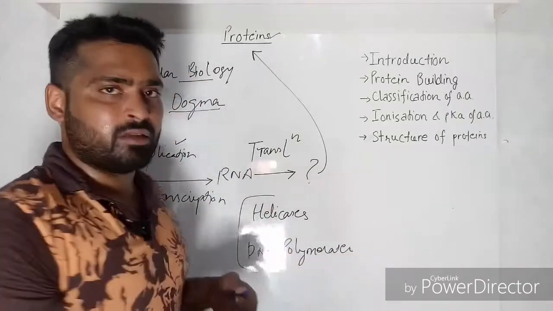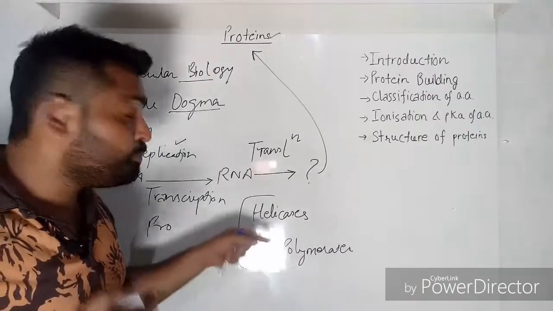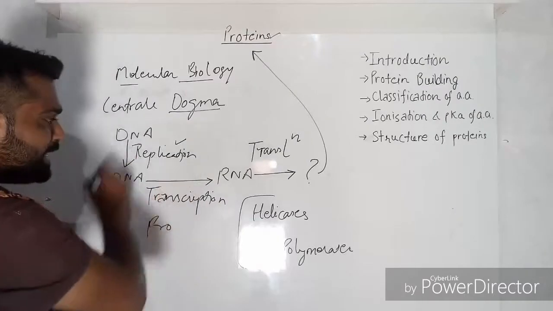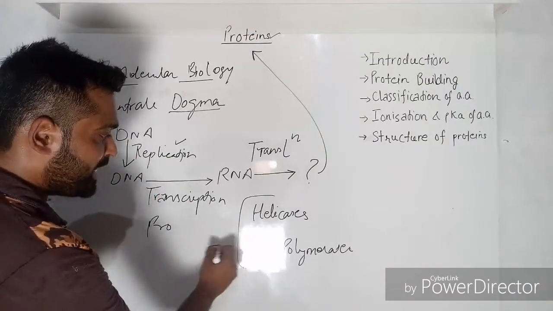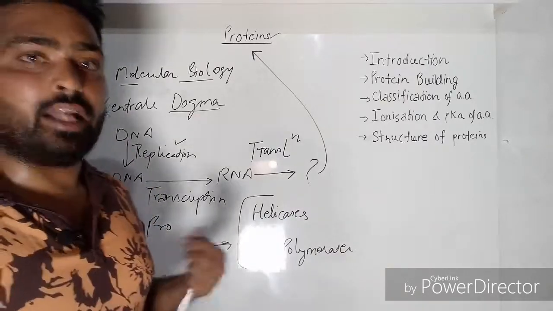These enzymes and many more enzymes are actually proteins. We know the enzymes are proteins. So the DNA replication is using enzymes as proteins to carry out the completion of the DNA replication.